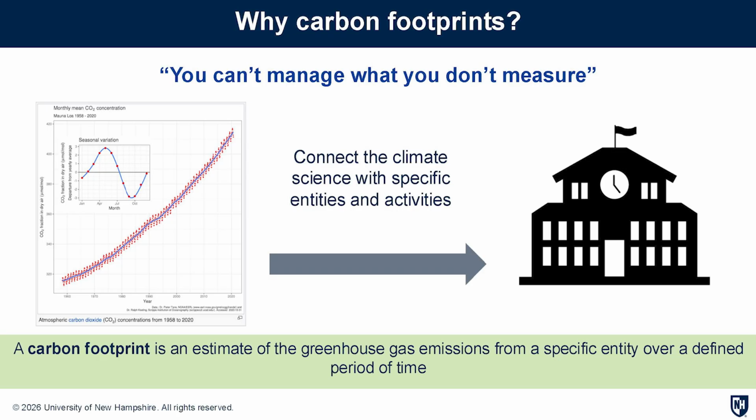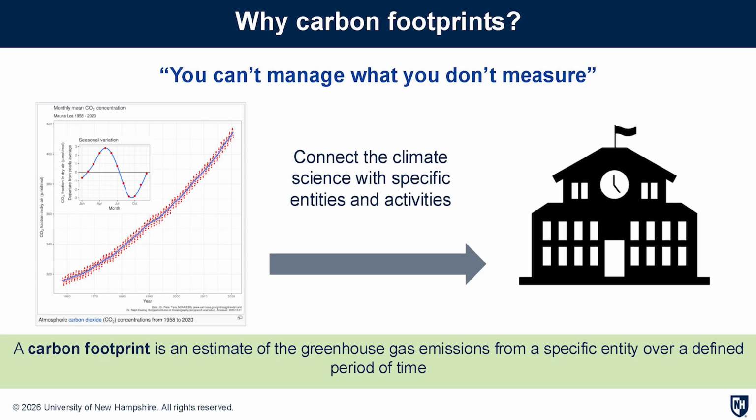And in doing that, we can pinpoint the biggest contributors and the most impactful opportunities for reducing greenhouse gas pollution and slowing climate change. So when we're talking about doing our carbon footprint, we're talking about doing an estimate of the greenhouse gas emissions from a specific entity over a defined period of time.